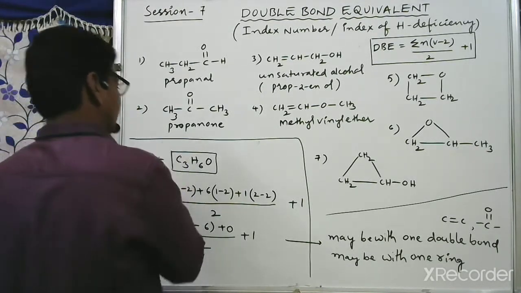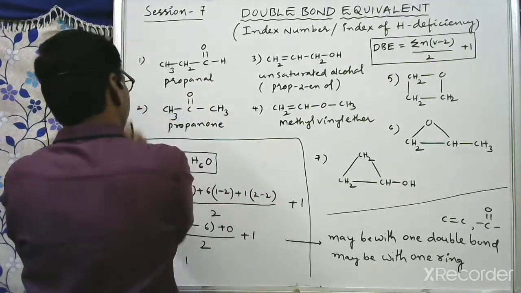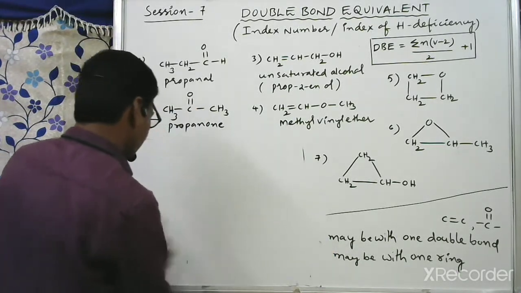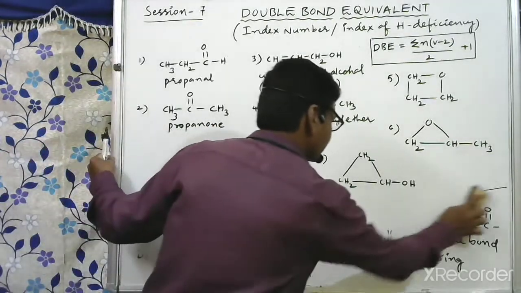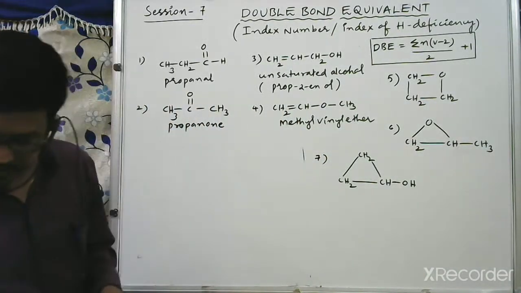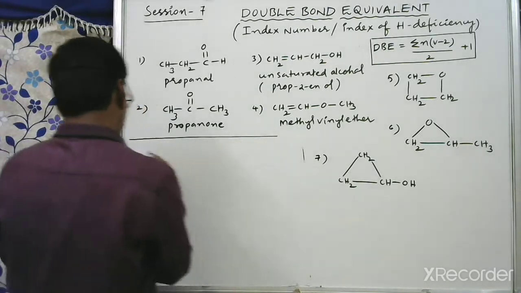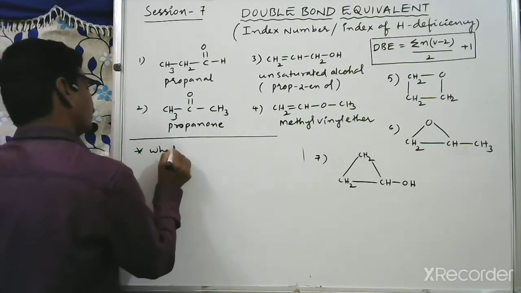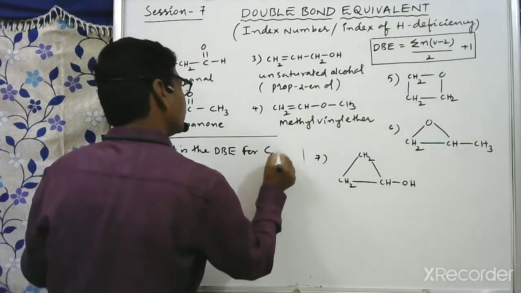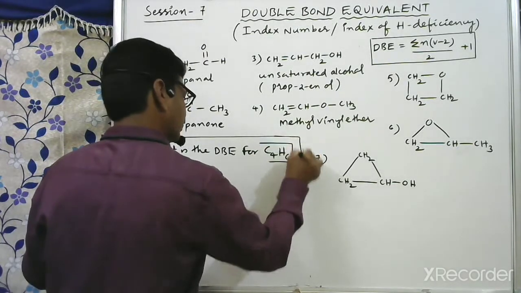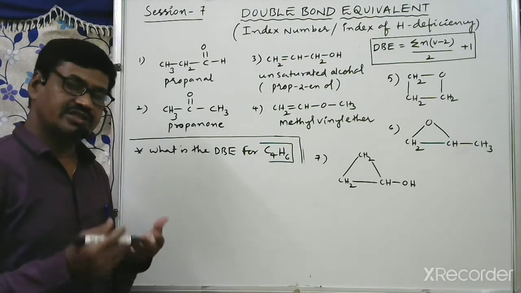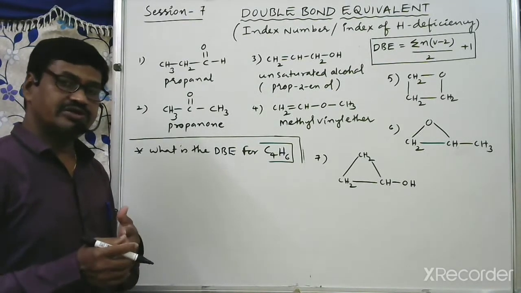What is the double bond equivalent, or index number, for C4H6? First you find the double bond equivalent, and based on that you can get how many double bonds are present, how many triple bonds are present.